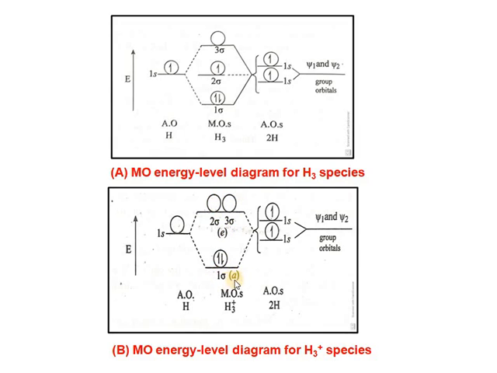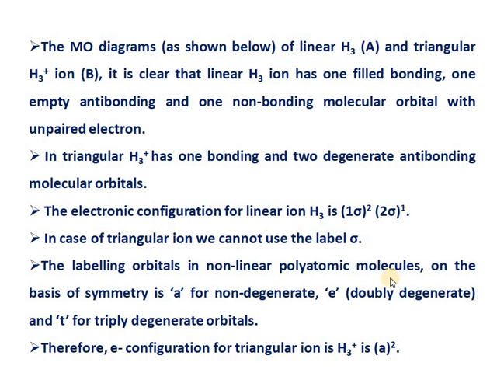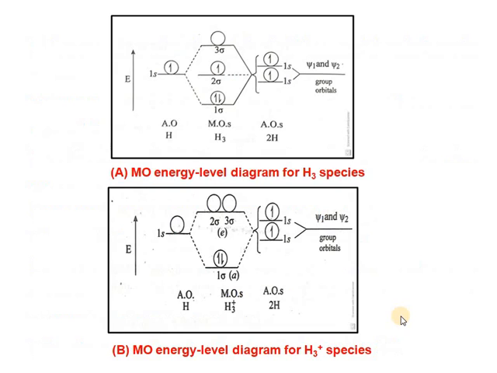have only 2 electrons, therefore a1 squared is the configuration. And such labelings as A for non-degenerate, E for doubly degenerate, and T for triply degenerate orbitals can be used to give the electronic configuration of the triangular ion.